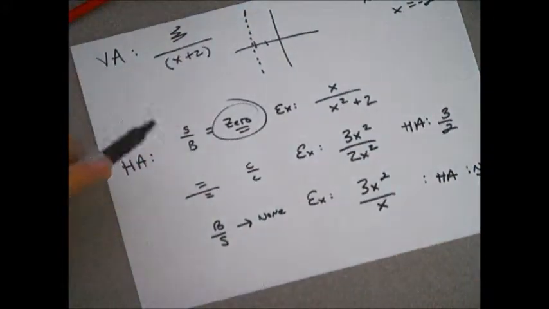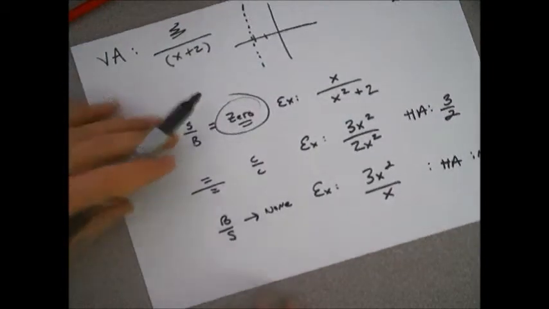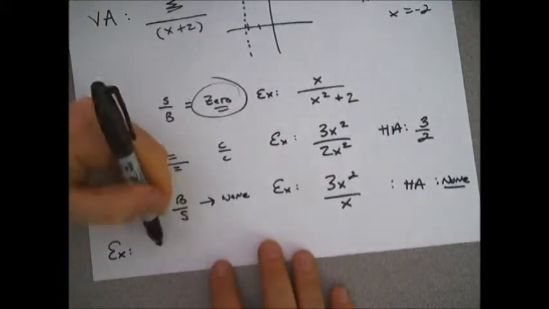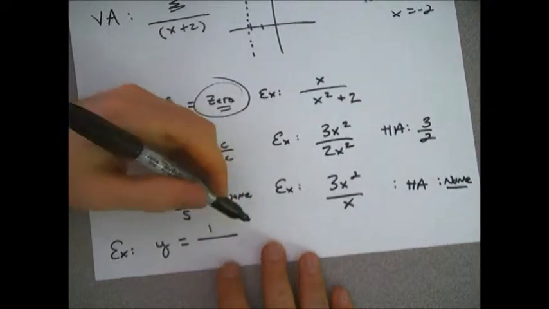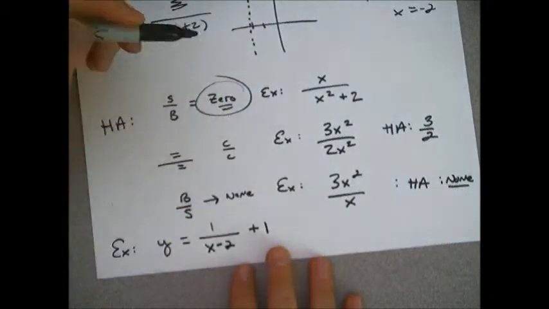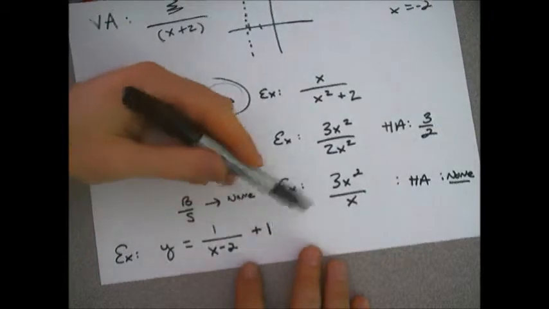Now, there's one other exception to the rule. Remember when we had a number that was dangling outside? Example problem down here. If I say y equals 1 over x minus 2, plus 1. This number dangling outside here is your what? It's your horizontal.